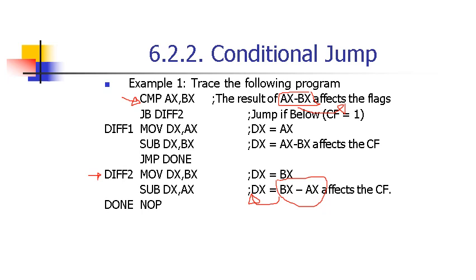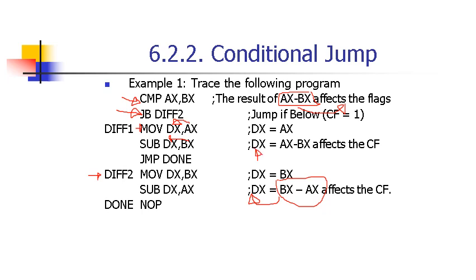Otherwise, if your AX was greater than BX, you don't do this jump, and you start at the next sequential instruction. You again move AX to DX, then subtract BX from DX, and place the result in DX.